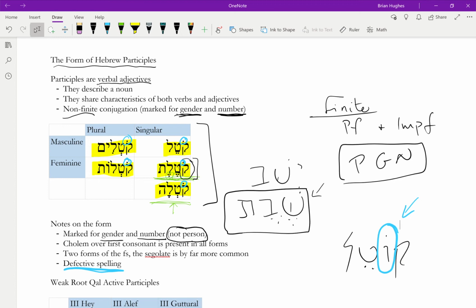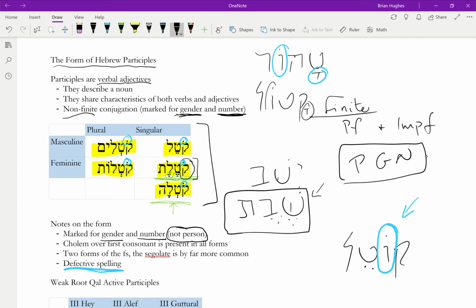Remember, with our infinitive constructs, we were primarily looking for a shewa under the first root consonant. And with our infinitive absolutes, we are primarily looking for the adjectival construction. So I pointed this out, that a couple of the adjectives that you learned had this construction of qamets and then holem vav, and that just also happens to be the construction for an infinitive absolute.